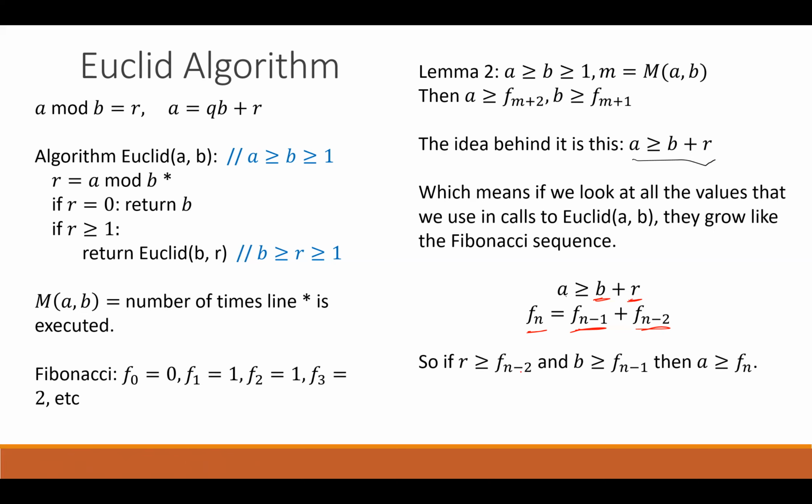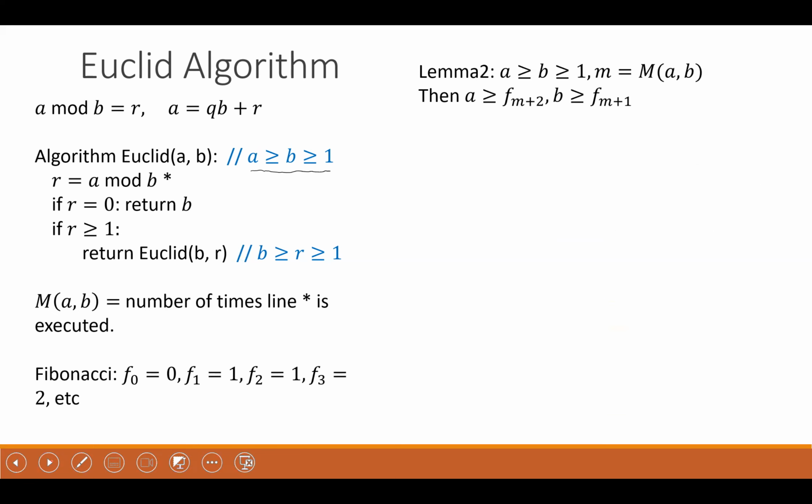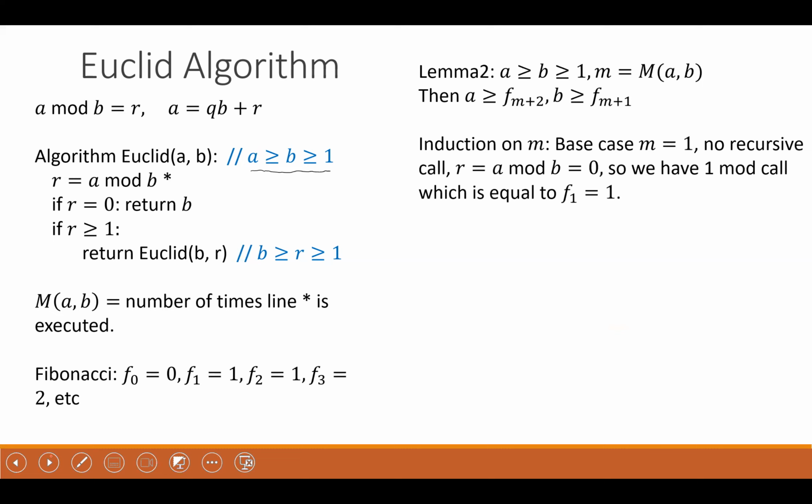Yeah, so that's essentially what I just said. Okay. So we'll do induction on the size of M. If M is equal to 1, that means we made one call to Euclid, one call to this mod, R was equal to 0, and then we returned. So in this case, this is f of M in some sense, which is equal to f of 1, which is equal to 1.